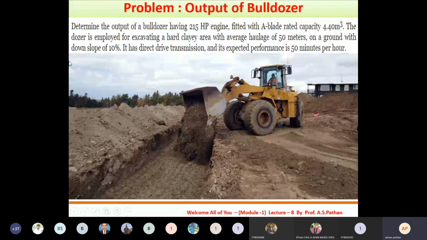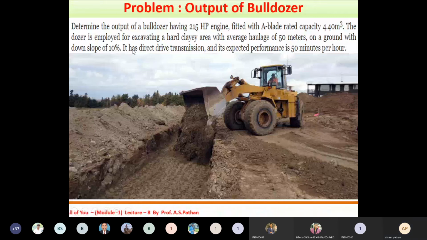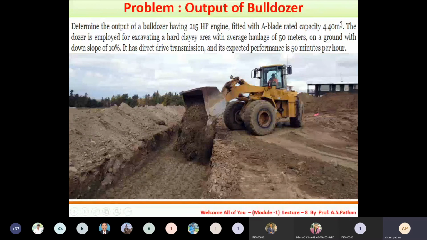Then on a ground with a downslope of 10%. It has direct drive transmission and its expected performance is 50 minutes per hour. So the performance, that is the rate of working in a particular hour, is only 50 minutes per hour. So we have to determine the output by using this particular data.